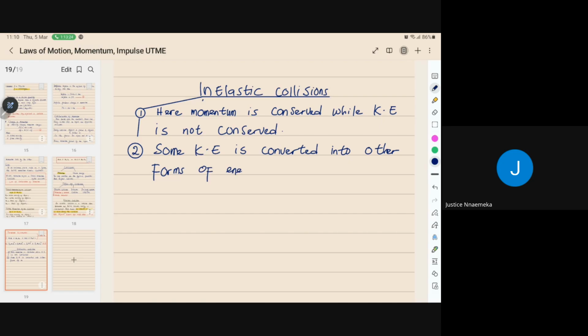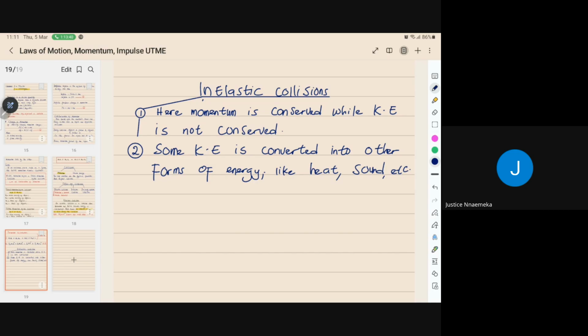Energy like heat, sound, etc. All right.